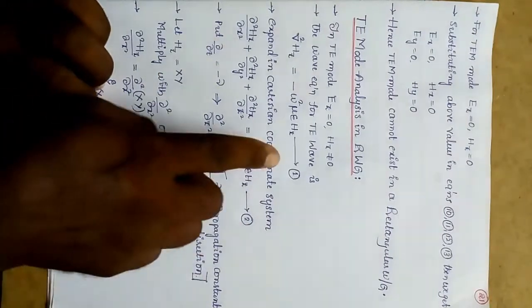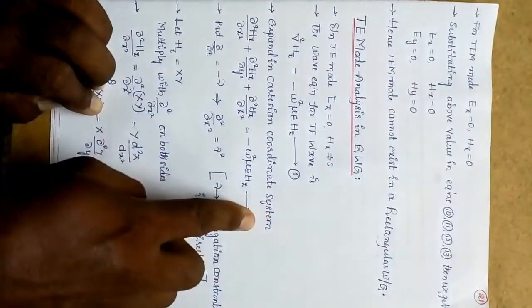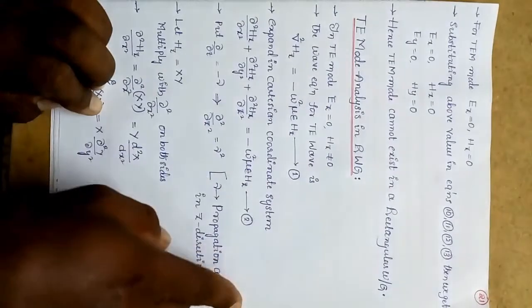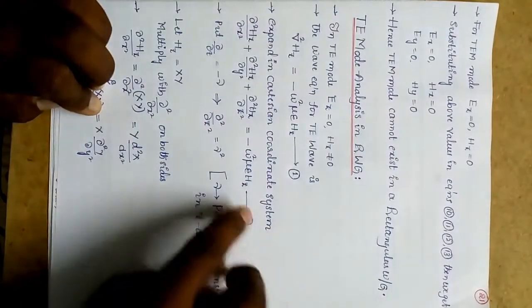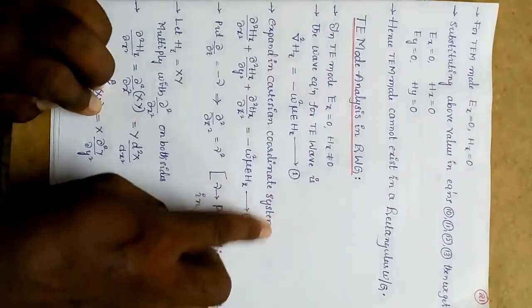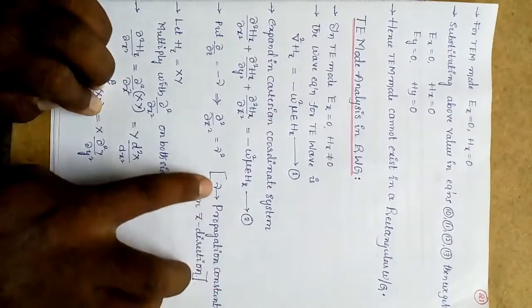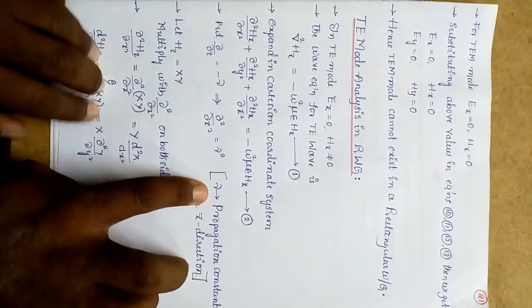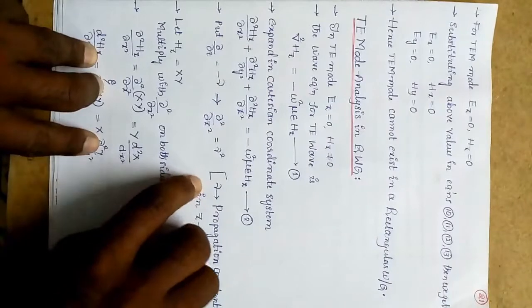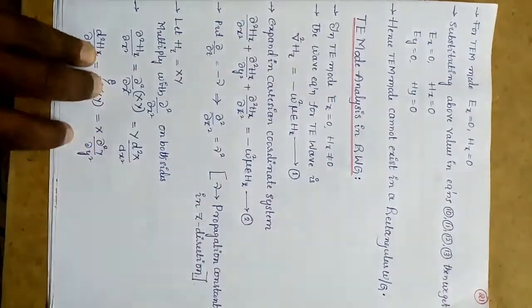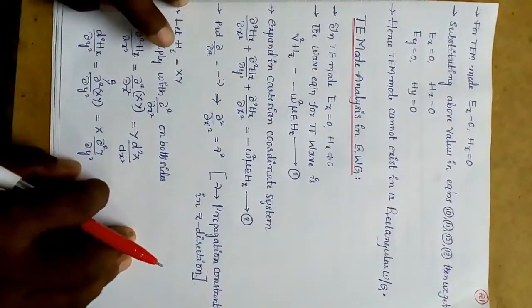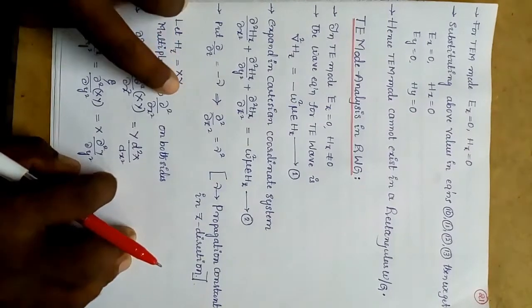We assume this is the y coordinate, this is the x coordinate, and this is the z coordinate. Along the z direction the gamma is operating. So gamma is a propagation constant in the z direction only, right?